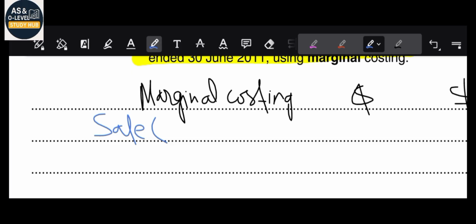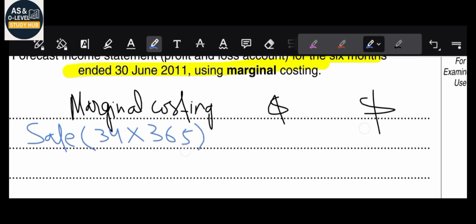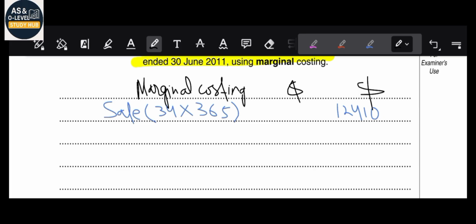That is 34 per unit, multiplied by our total sales units, 365. So our sales will be 34 into 365, which is 12410. Then we will give the heading of less variable cost.